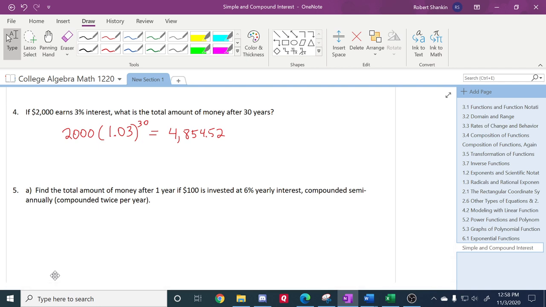So this is how banks really work. They do compounding more often than once a year. So this is a realistic situation, but take your best guess at what you're going to get for this, and then enter your answer into your group chat.